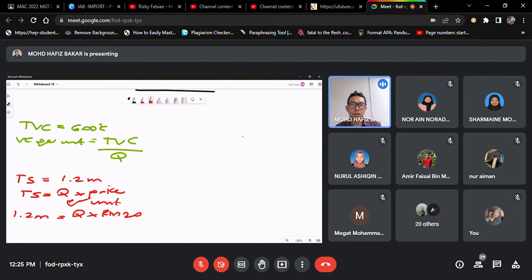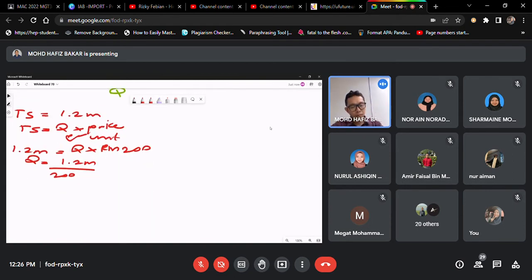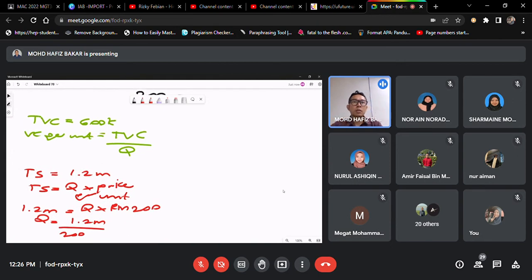So Q is 1.2 million divided by 200. So 6,000. Quantity is 6,000 units. Okay. So baru kita boleh identify the variable cost per unit.